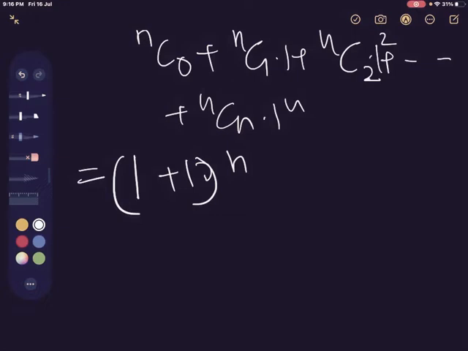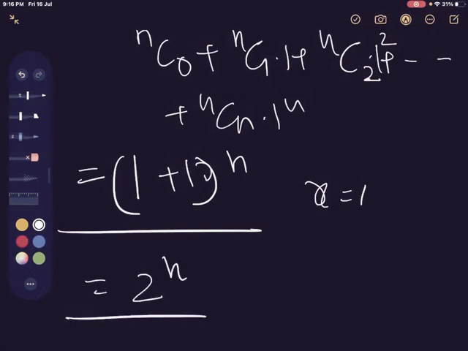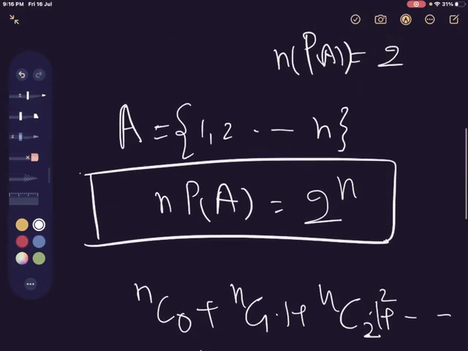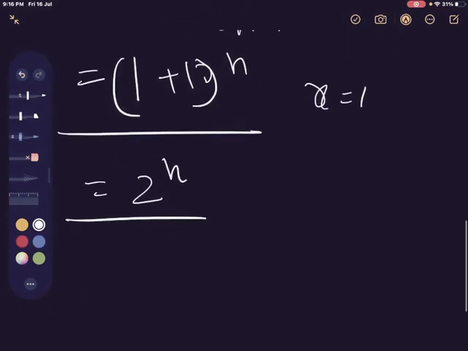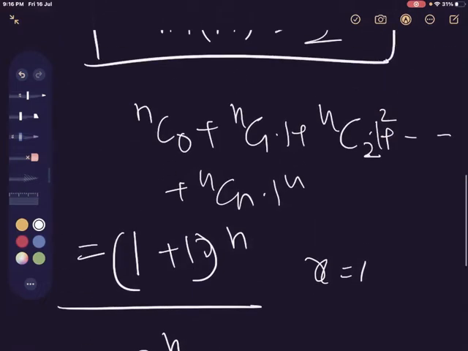We can say this is the binomial expansion of (1 plus x) to the power n, with x equal to 1. So we reach 2 to the power n. That's how we get this number. The number of elements in the power set of any set is 2 to the power of the number of elements in that set. So that's good enough for this derivation.